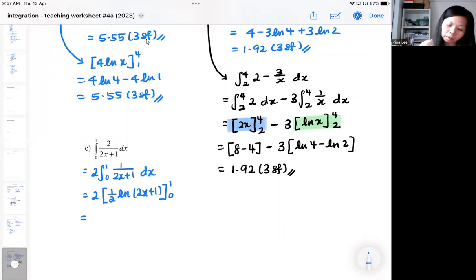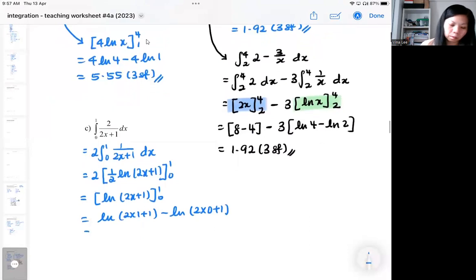It doesn't matter. So when you multiply in the 2, essentially you just got this. And then you do a top minus bottom. So you will get a ln 3 minus a ln 1.